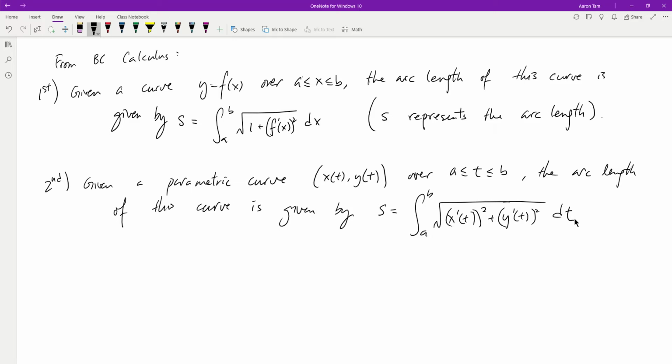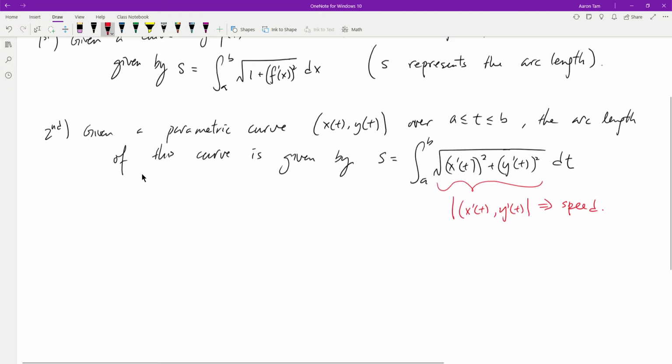Now if you think about it, this expression right here, you probably remember learning it. That is technically speaking the length of the velocity vector, which is x prime of t comma y prime of t, and that is often referred to as the speed of the object.